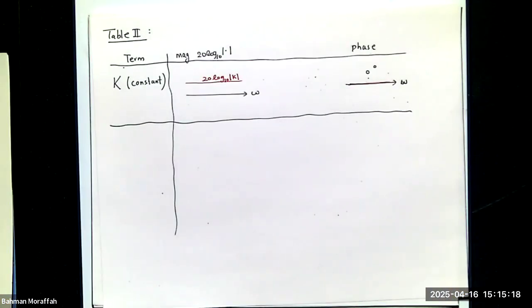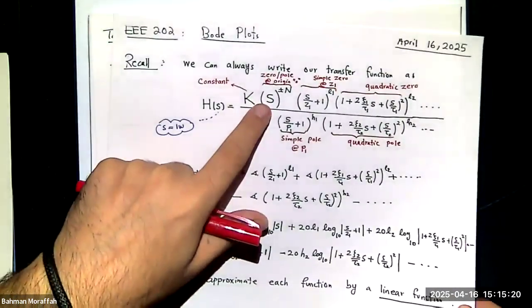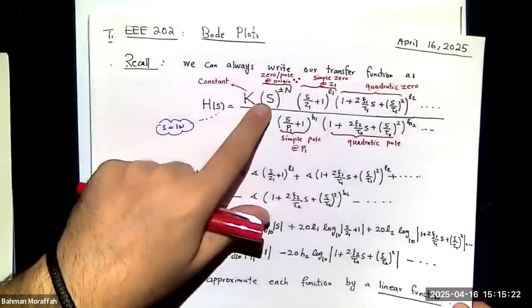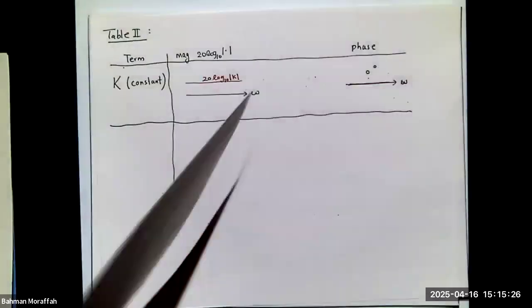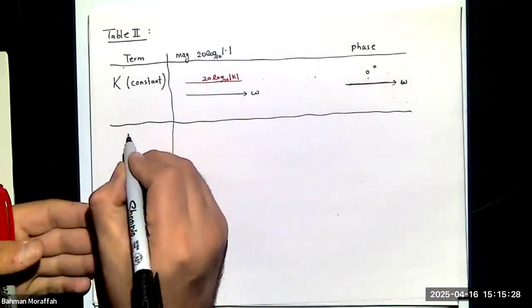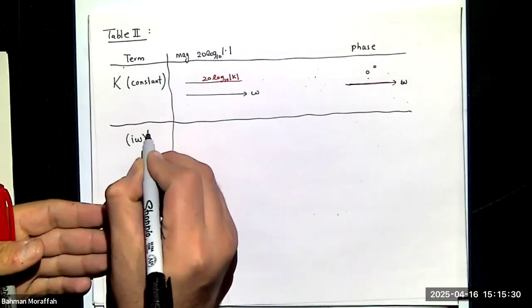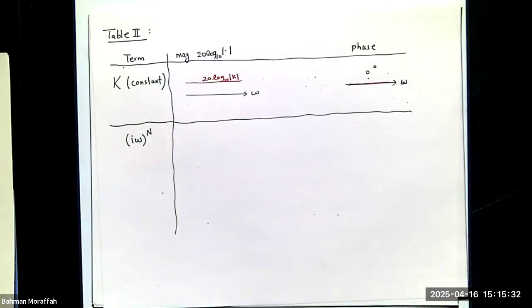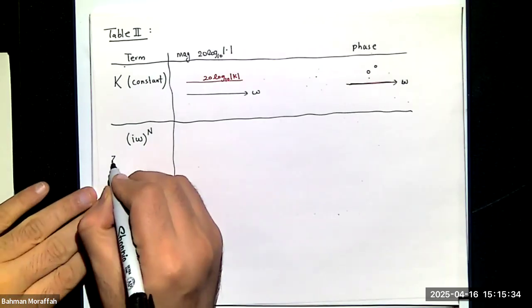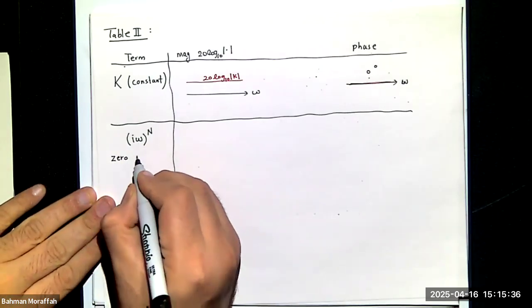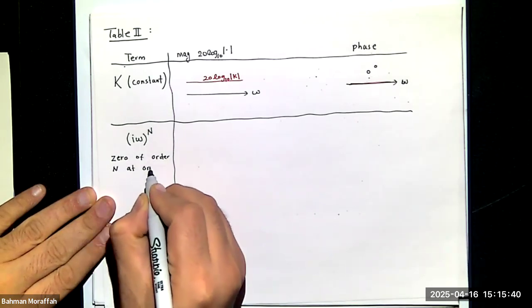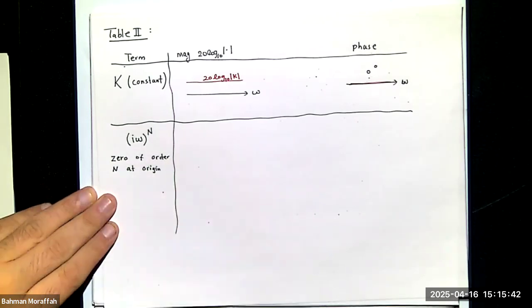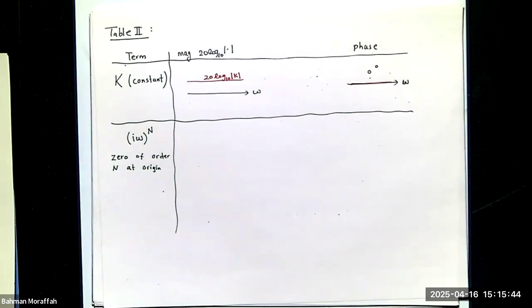We said we can have poles or zeros right at the origin, right? So let's look at the 0 at the origin of order n. So this is a 0 of order n at the origin, right?